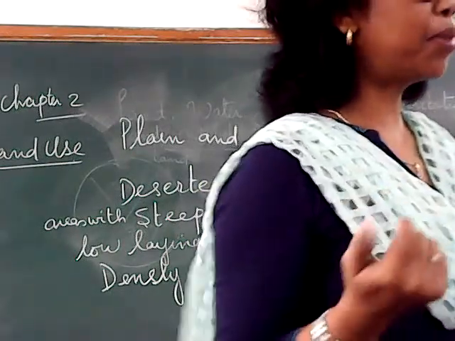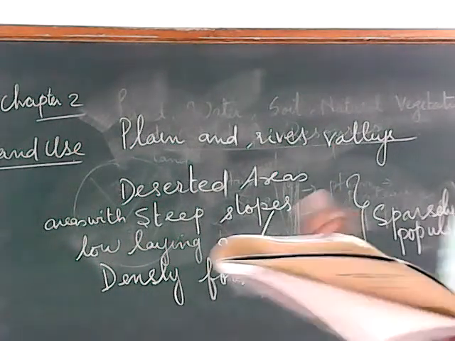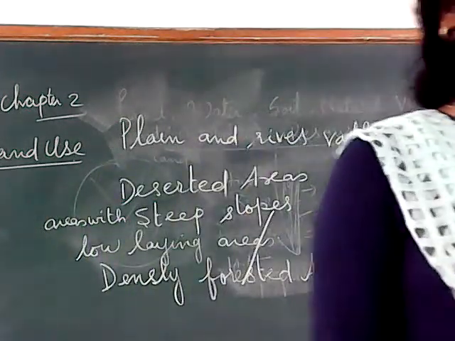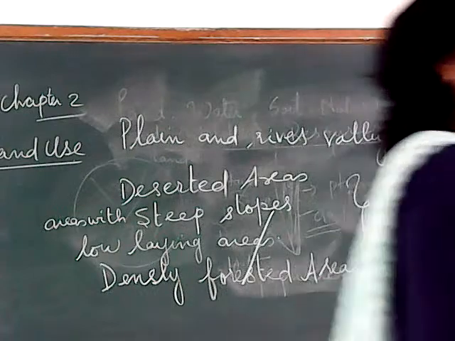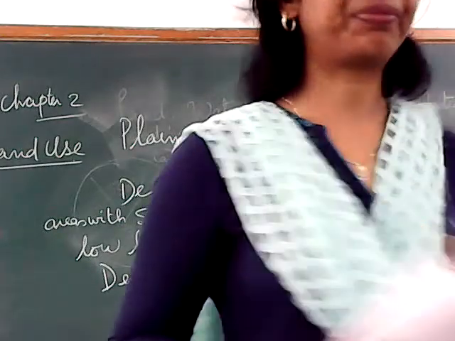And what are the purposes? It is used for agriculture, forestry, mining, building houses, roads, and setting up industry. This is commonly termed as land use. So what do you mean by land use?